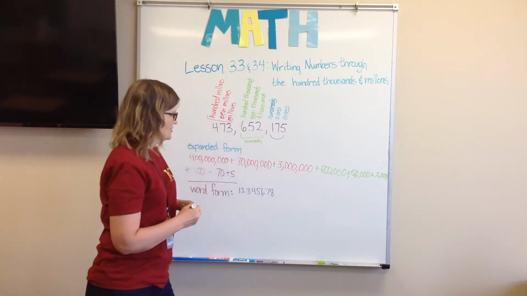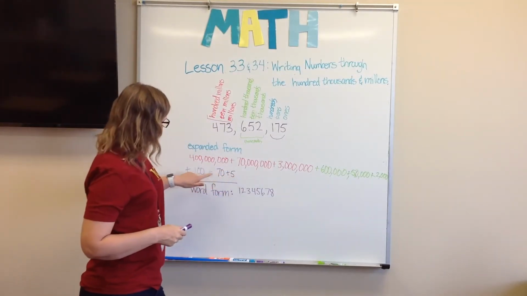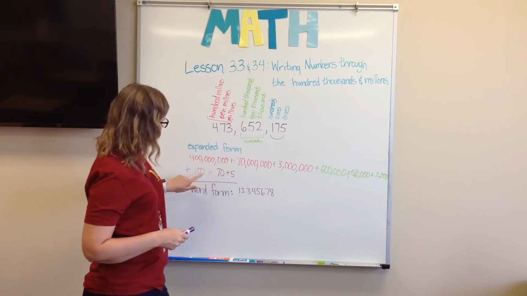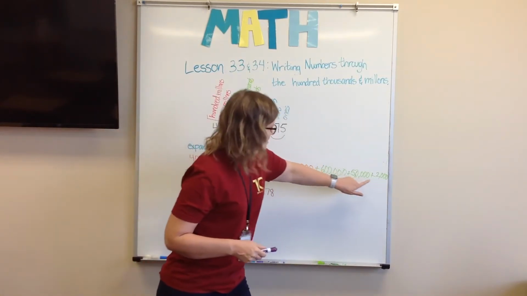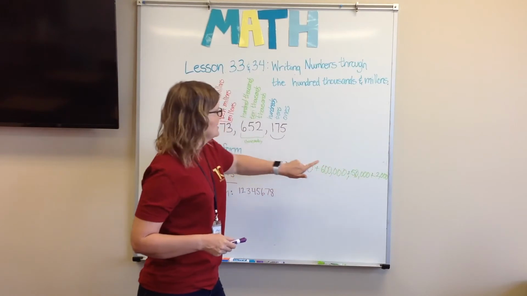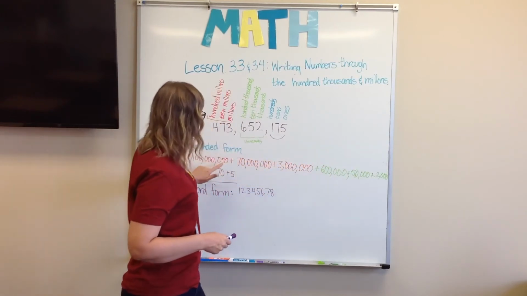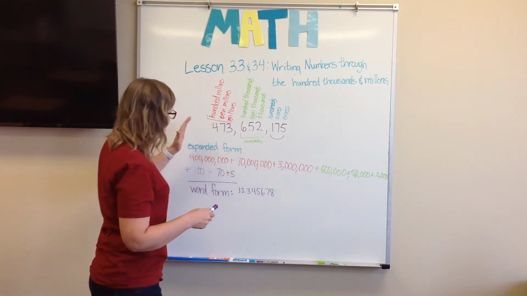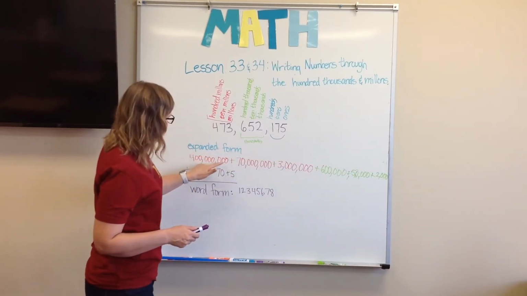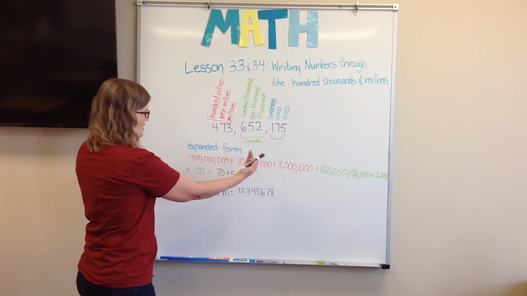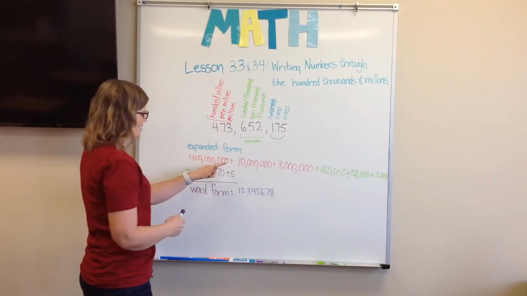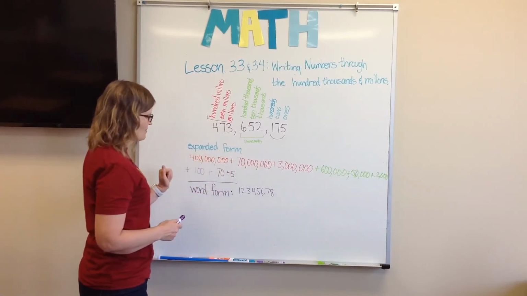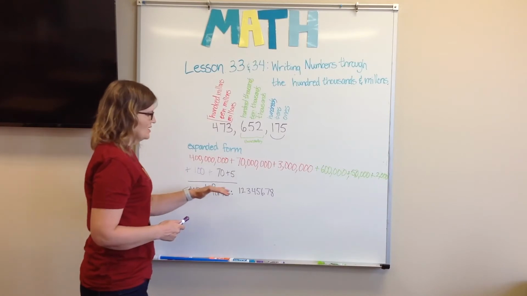Poor little 5 ones. You'll notice each of our numbers has more zeros: 1, 2, 3, 4, 5, 6, 7, 8 zeros. As our numbers get larger, they expand this way, and we have more zeros as well.